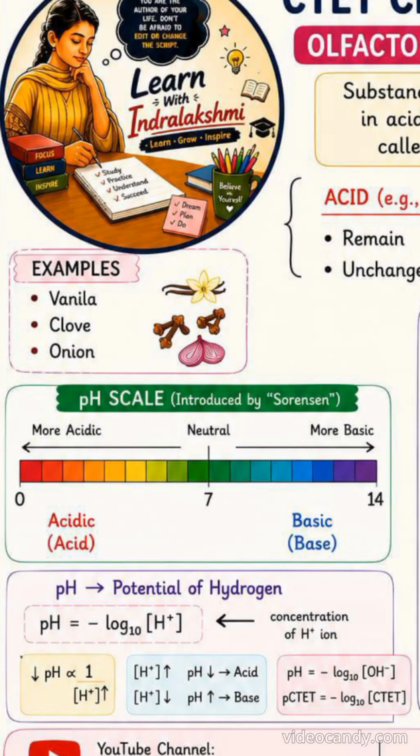From this formula, if the H+ ion concentration increases, pH decreases, which indicates that it is an acidic substance. Whereas if the H+ ion concentration decreases, then the pH increases, and in this case it is a basic substance.